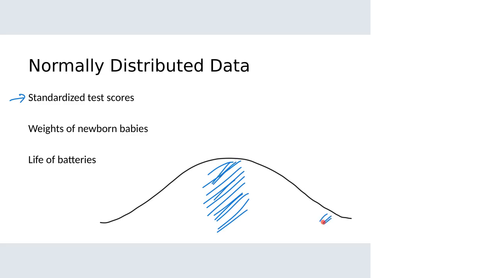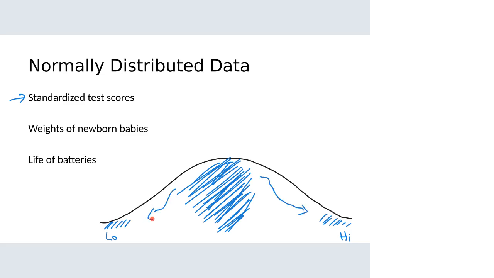There's going to be a small number of really high scores and a small number of really low scores, but most of the scores are going to be close to the middle. That's the kind of graph we would get if we made a histogram out of standardized test scores. We have our lower scores down here, our higher scores up here, and most of the scores are going to be in the middle, close to the mean. As we get further away from the mean, high or low, the number of scores gradually tapers off and gets lower.